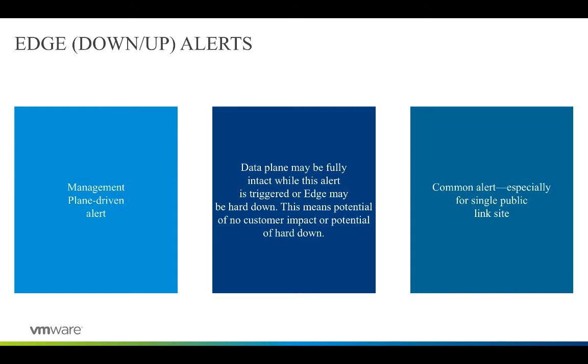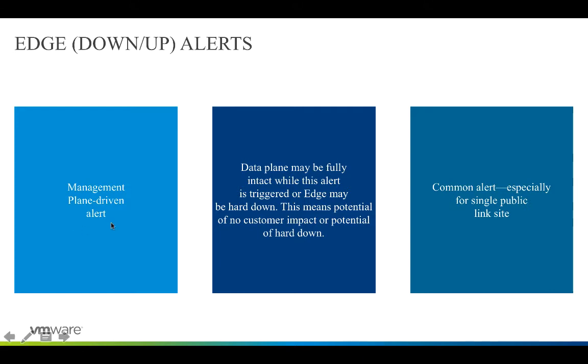Even in that case, the orchestrator will declare that edge is down because it is not able to receive the heartbeats from the edge. This can be a common scenario when you have a single link or an unreliable link like 4G or a broadband connection.